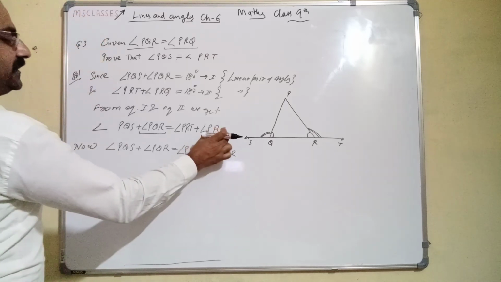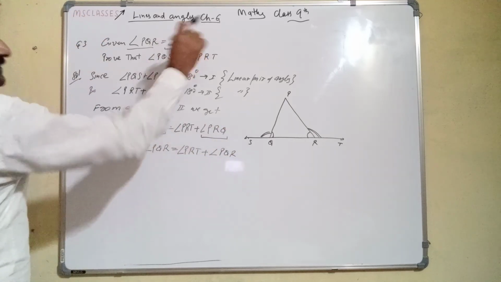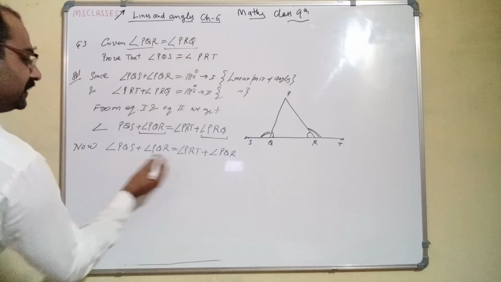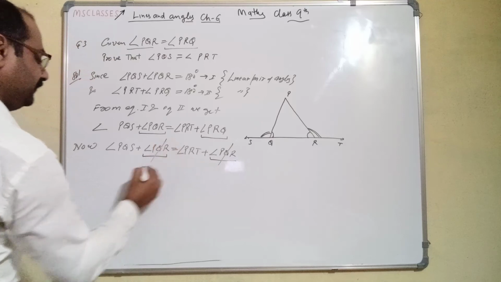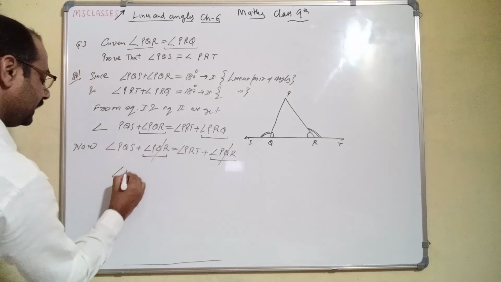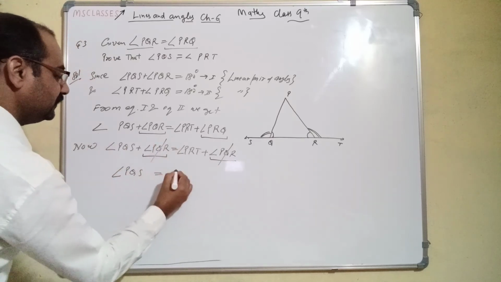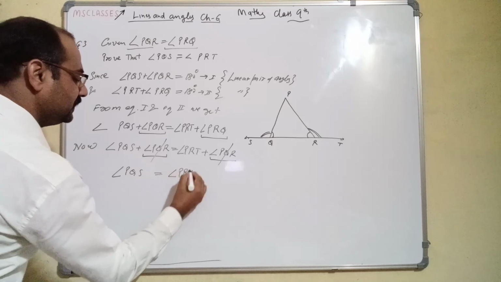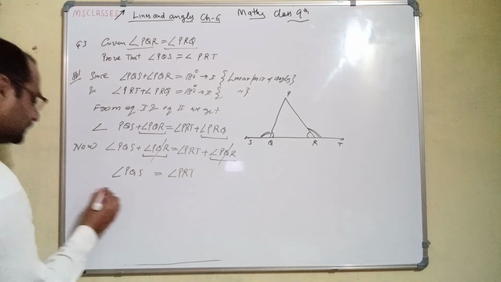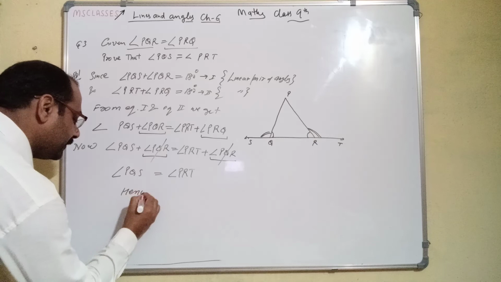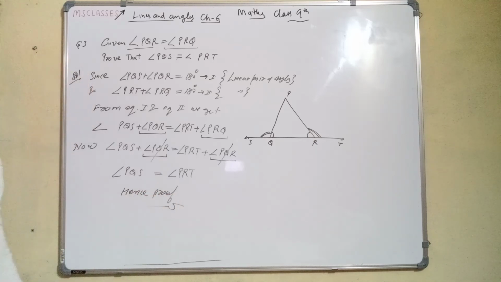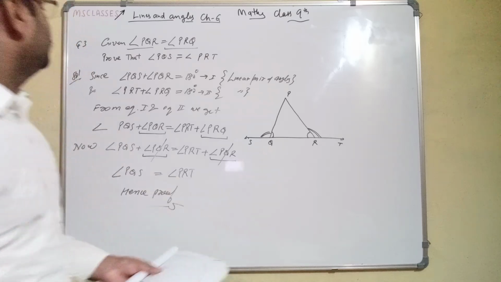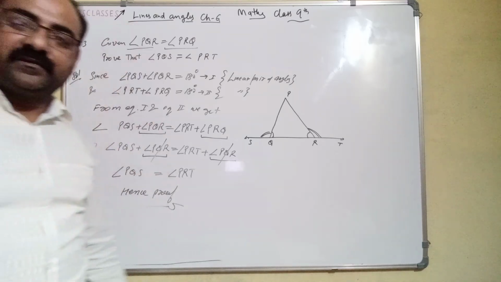Why? Because PRQ is equal to PQR. This is given. So PQR cancels out. We have left angle PQS is equal to angle PRT. So hence proved. Right. So this is your third question of exercise 6.1.